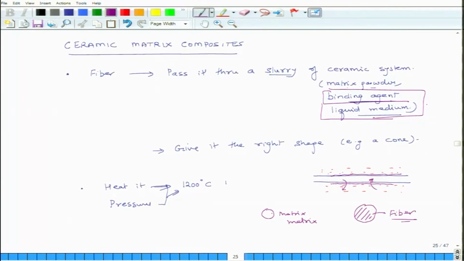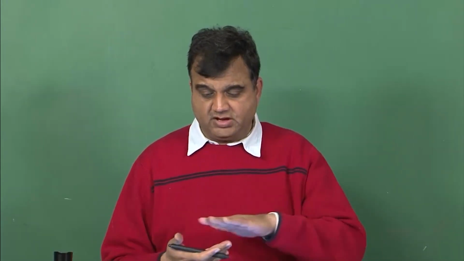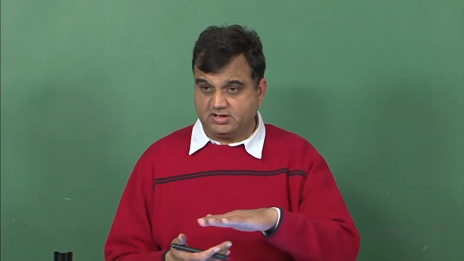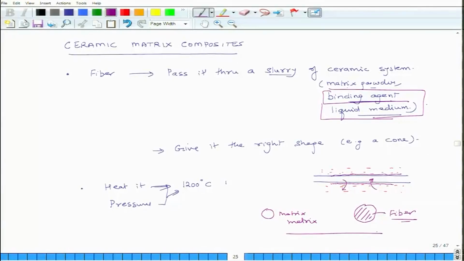This matrix material will diffuse easily into the fiber only if the size of the matrix material is smaller than that of the fiber. So you really want very fine matrix material powder particles. When you are making the powder of the matrix material, you have to make sure it is ground to extremely fine finish. That will ensure good diffusion.